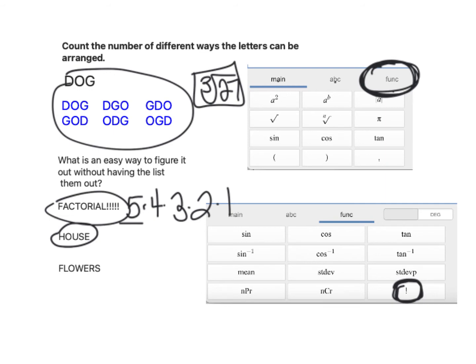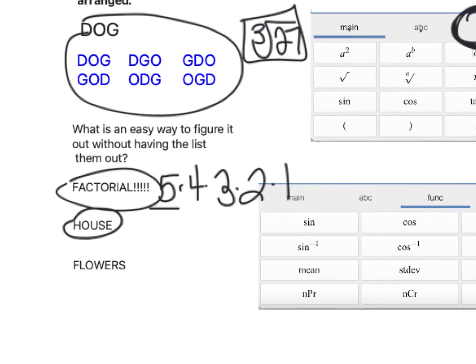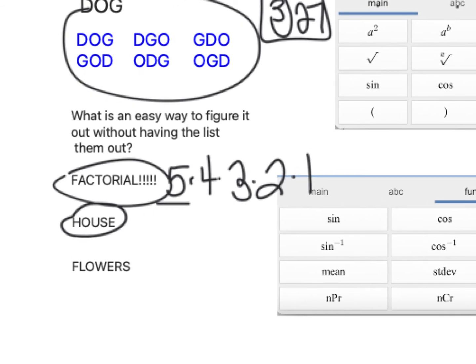So if I wanted to know how many possible ways we could write the word house, I would have 5 total letters, 1, 2, 3, 4, 5. And then I would just use factorial, that exclamation.